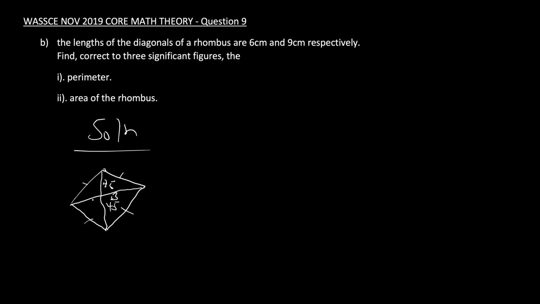So we have 3, 3. The whole of this is 6 centimeters. Half of this will be 3. Half of that will be 3. The whole of this is 9 centimeters. Half will be 4.5 each. So this gives us a right angle triangle. We have our 3 and our 4.5. And we have our L.